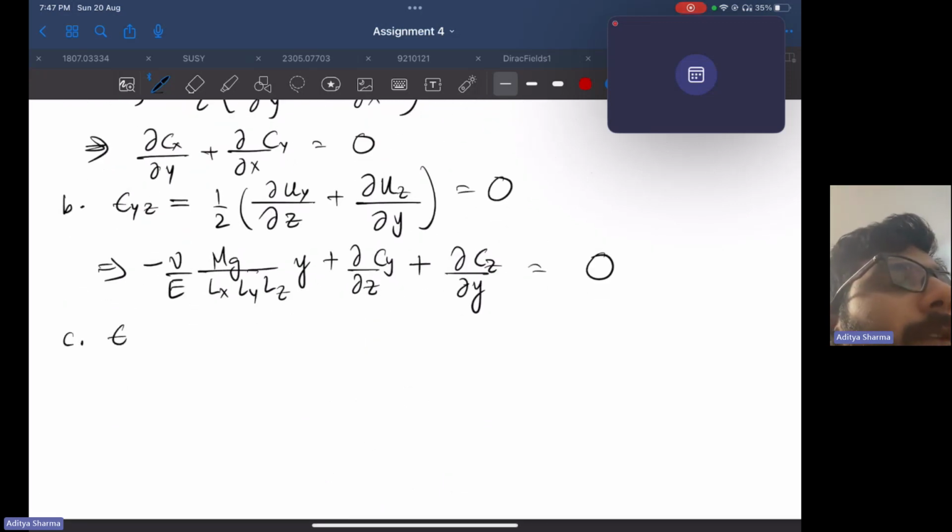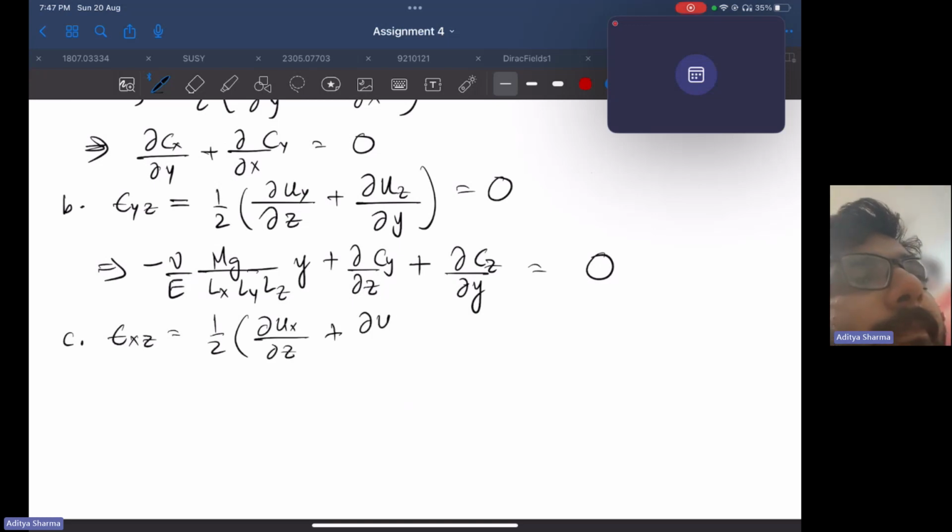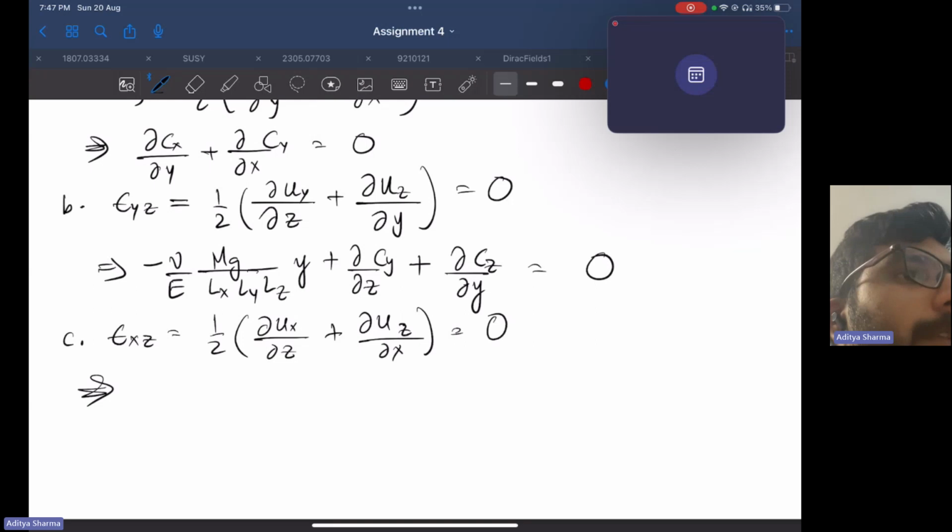Now epsilon yz and epsilon xz are equal to half the derivatives of Ux and Uy, and these are equal to 0.